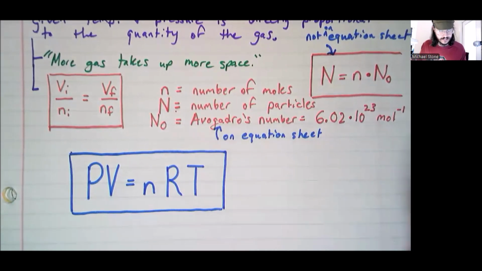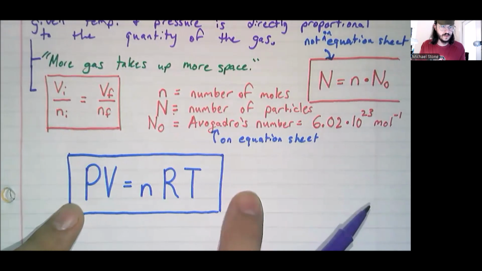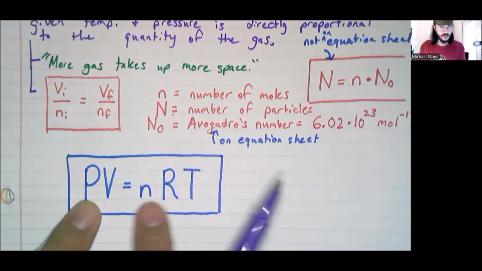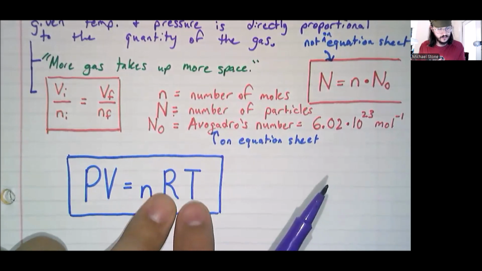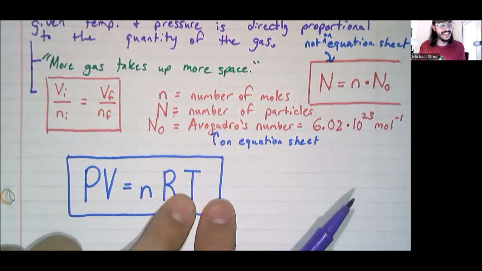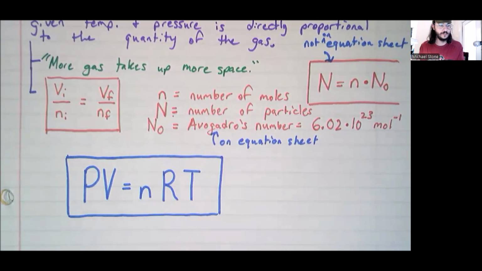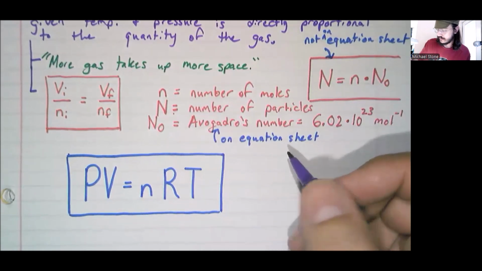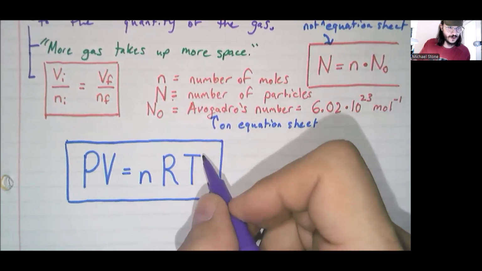This is a single state descriptor. Notice there's no initials and finals. So it is at a pressure, it is at a volume, it has an amount, it has, well, this is just a constant. That's a feature of the universe, not necessarily of the gas. And then you have a temperature. This is a single state descriptor, not a multi-state comparison. But it's really good at describing one state.